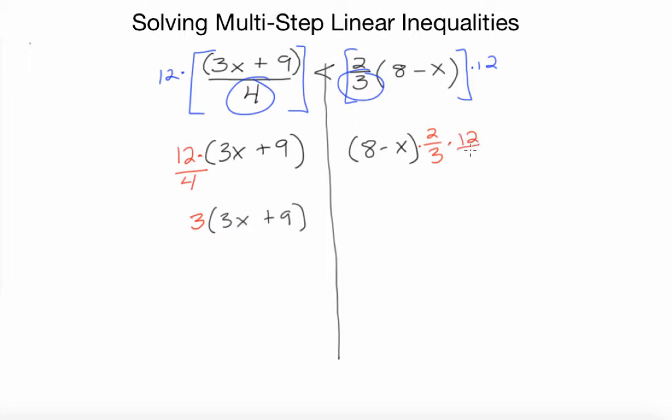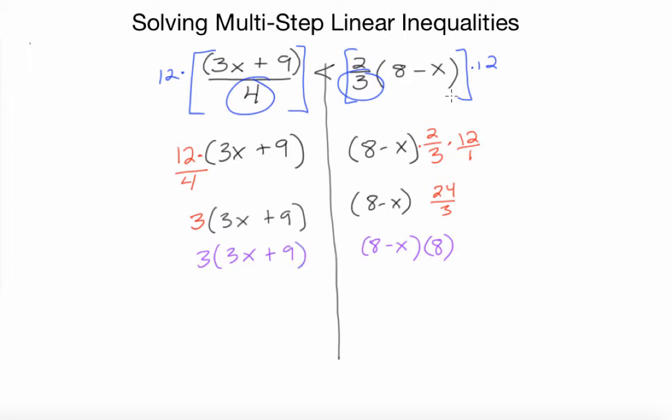I'll rewrite that as 12 over 1, and it should become really obvious that we can just multiply our fractions together and simplify. 12 times 2 gives me 24. 1 times 3 gives me 3. I still have 8 minus x. 24 divided by 3 just turns into 8. So now we have 8 minus x, times 8. And I'm going to leave that 3 there for now: 3 times 3x plus 9.